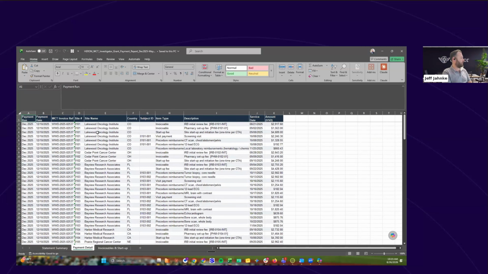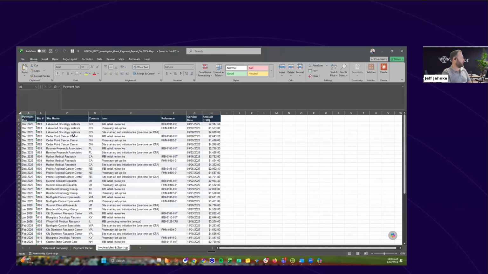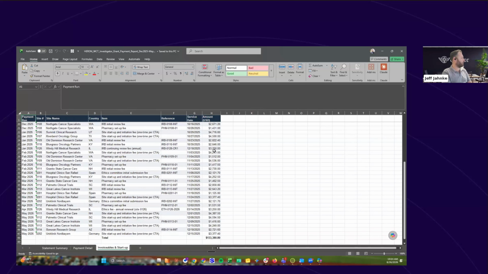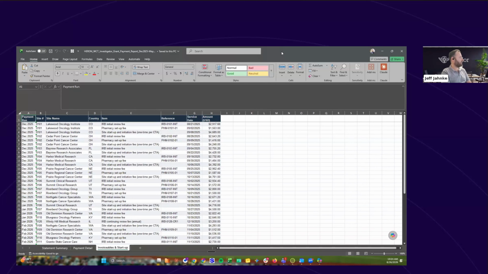But essentially, all of the CROs maintain something like this. They have to for their own reporting. It's just a matter of whether or not they're sending it to you, but essentially something that tells you what sites are being paid and for what, and the dollar amounts that are being paid. And then on a separate tab, you've also got the invoiceables and startup fees as well. So all of the administrative fees.